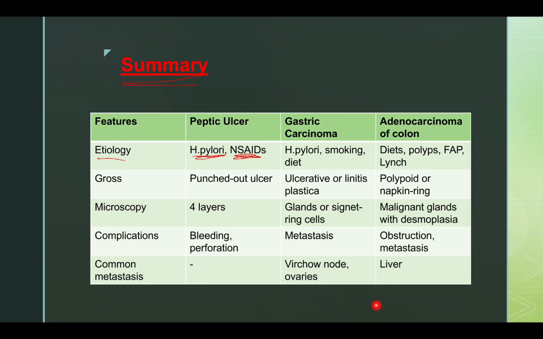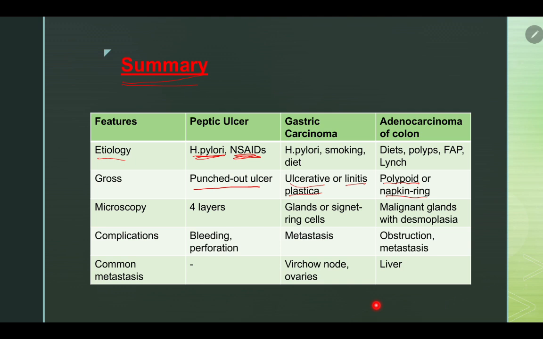Gross features of peptic ulcer are punched out ulcers, whereas gastric carcinoma is ulcerative or linitis plastica. Adenocarcinoma of colon has gross features of polypoid or napkin ring.